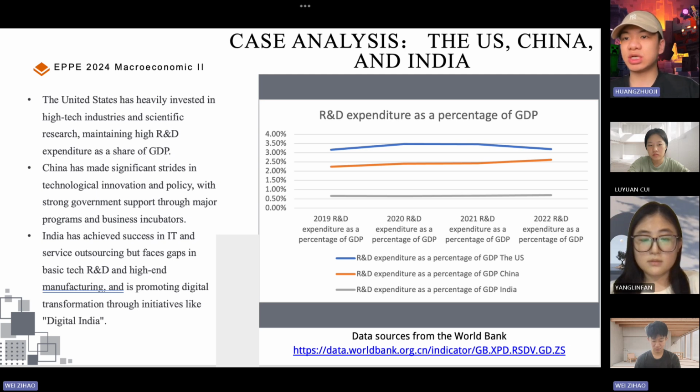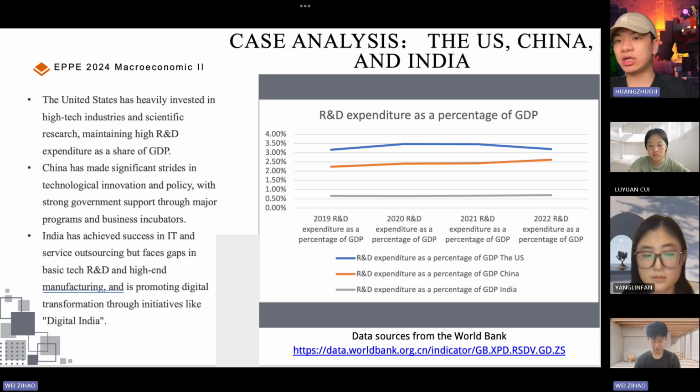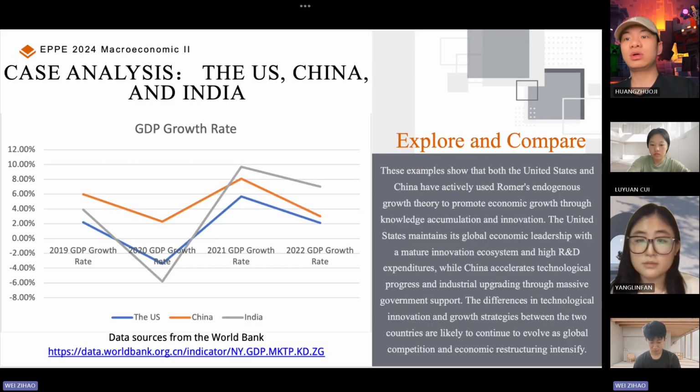As you can see in this chart, we see the R&D expenditures and the GDP. Okay, next page. Okay, on this page, you can also see this chart, to explore and compare.